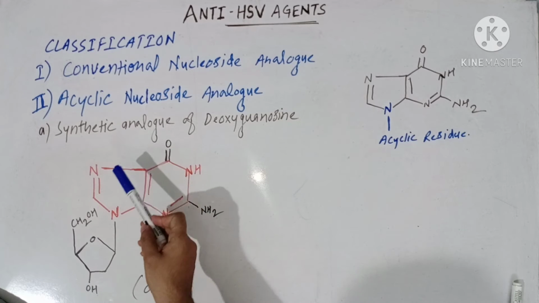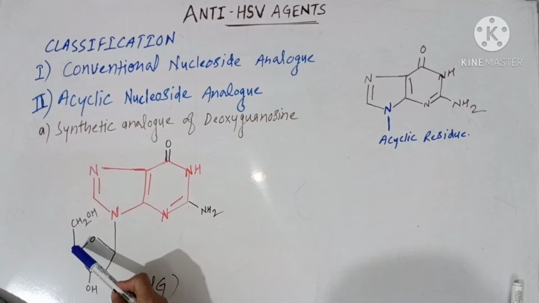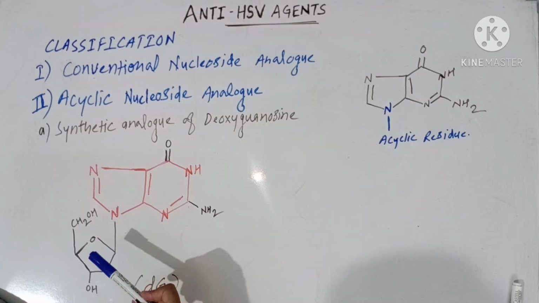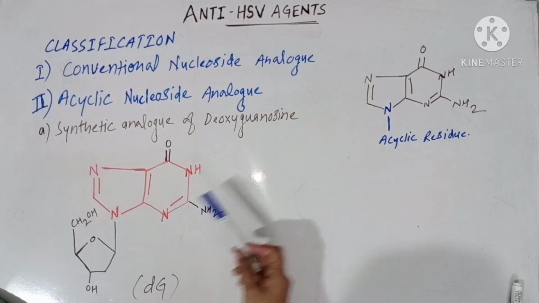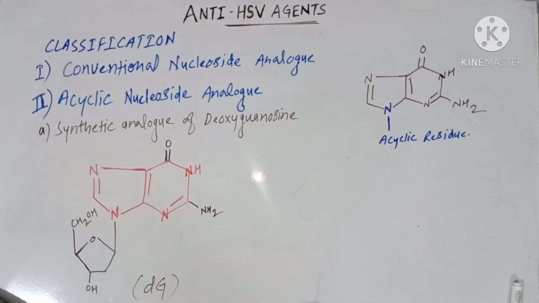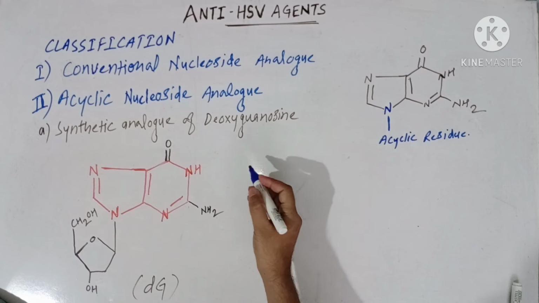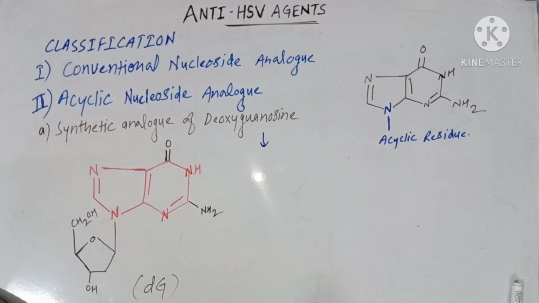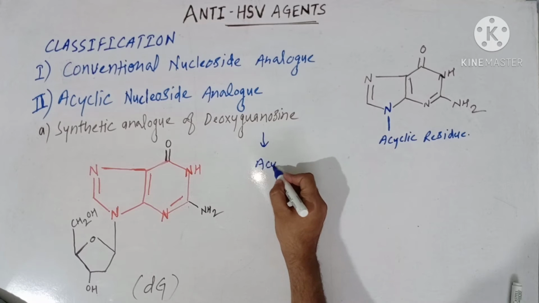But in acyclic nucleoside analog this pentose sugar is not present here. In place of this pentose sugar we have an acyclic residue. So the first example of drugs which come under this class, synthetic analog of deoxyguanosine, is your acyclovir.